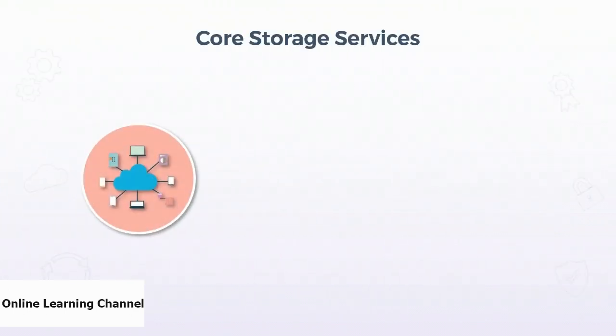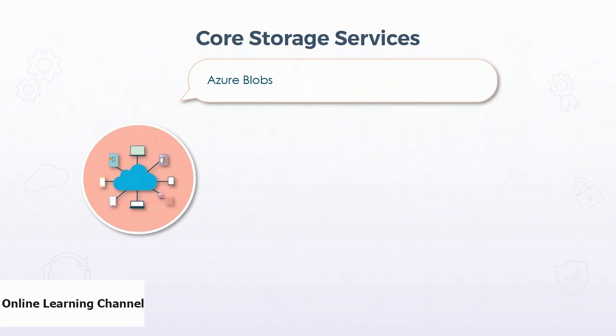So now it's time to look in some detail at the core storage services themselves. First, there's Azure Blobs. Azure Blobs are Microsoft's core solution for big data storage in the cloud. Blobs can store data in any format. For example, you can store text files, binary files like sound and images, or even videos. The idea is that incoming data is stored in a blob with little or no transformation.